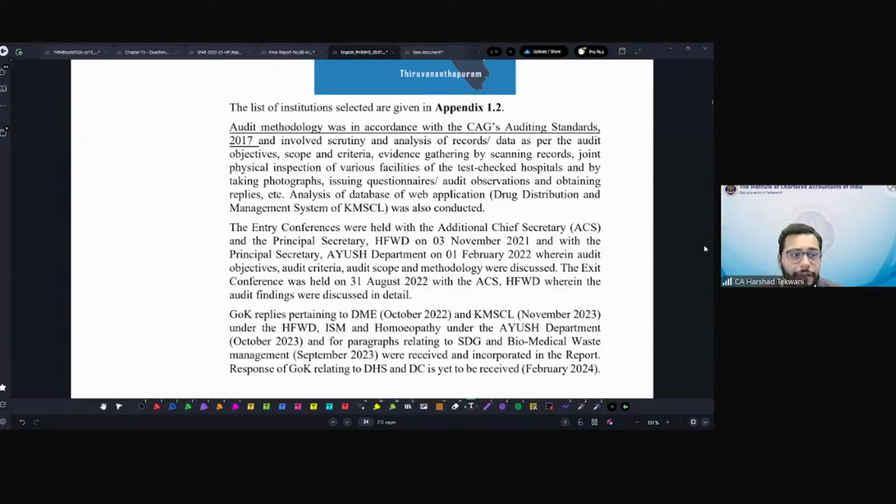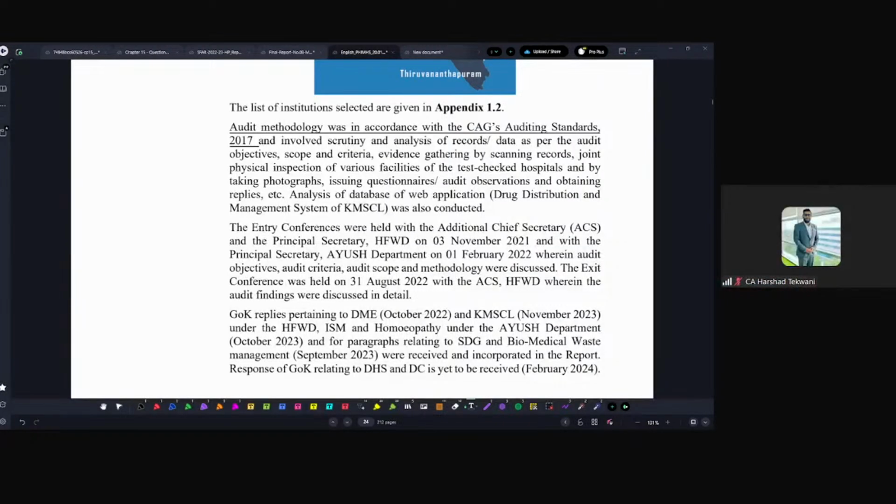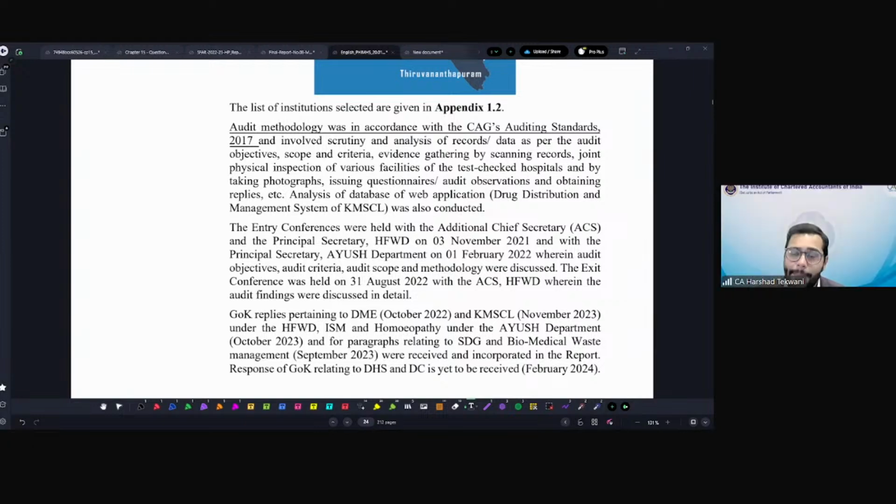So these auditing standards are required to be followed when an audit is being performed. Concepts are similar. Any doubt till now? Okay, perfectly fine.